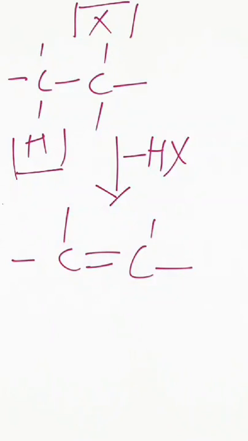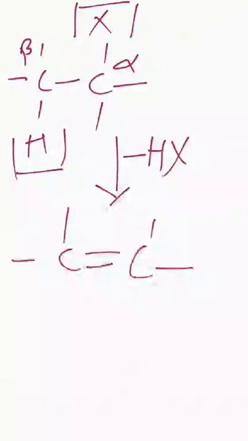So why are we calling it beta elimination? We are calling it beta elimination because in this reaction the hydrogen which gets eliminated belongs to the beta carbon. So we can see here, this is the alpha carbon which is carrying the X or halogen, and this beta carbon has this hydrogen, that beta hydrogen.